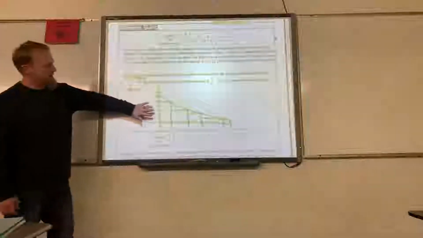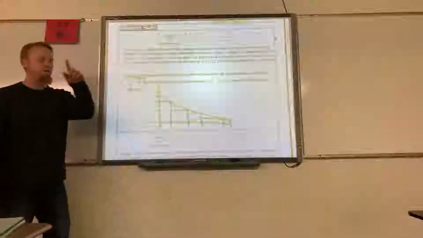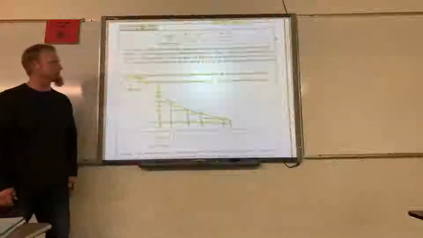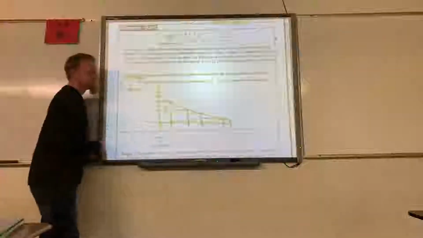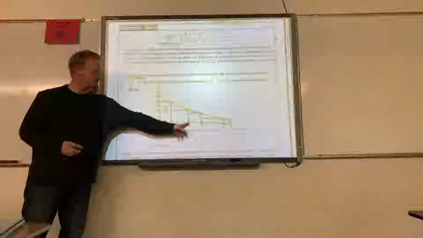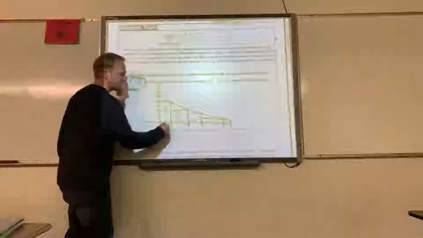All right, so now what do I want to do with each one of these rectangles? I want to find the area. Okay, so on this one, I know it's 2 wide. How tall is it? It is 4 tall, so that means my area of that one's going to be 8. Okay, this one is 3, and how tall? 2, so 3 and 2 gives me 6.